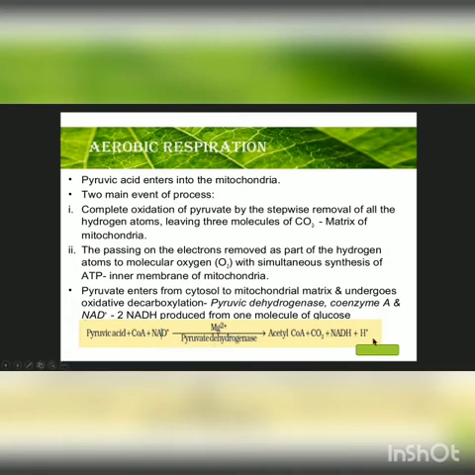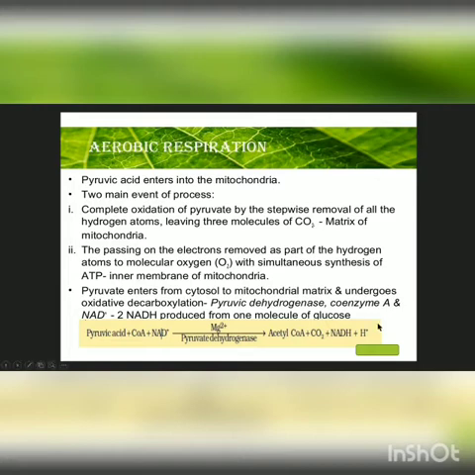Now after this process, what is formed? 2 molecules of pyruvic acid formed from one glucose molecule during glycolysis undergo the formation of 2 molecules of acetyl coenzyme A, 2 molecules of carbon dioxide, and 2 molecules of NADH and the proton or H positive ions. And this reaction is called the link reaction or transition reaction also in the aerobic respiration.